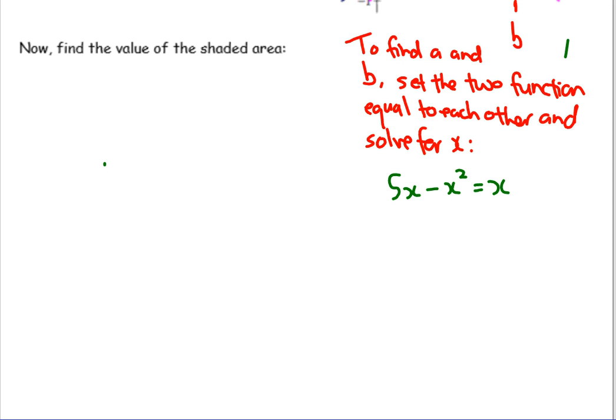I kind of wrote a big awkward explanation, but I can't be bothered doing that now. You seem to get it now. Then you end up with 0 equals x plus x squared minus 5x. So did you get 0 equals x squared minus 4x?